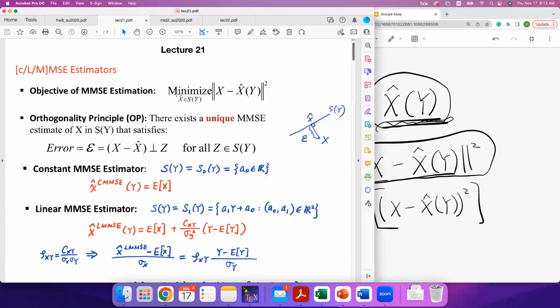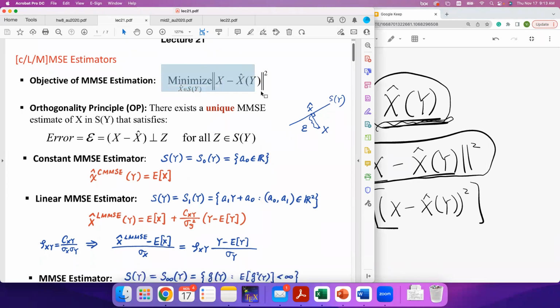Now we want to minimize over all the possible choices of the estimators x hat. And in different cases, we may consider different classes of estimators.